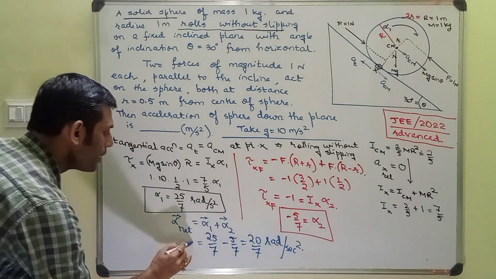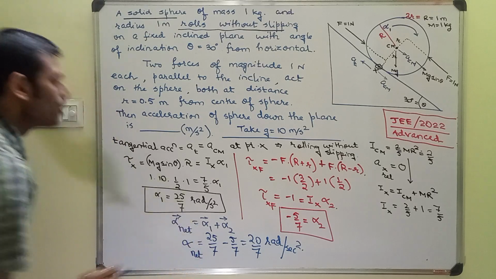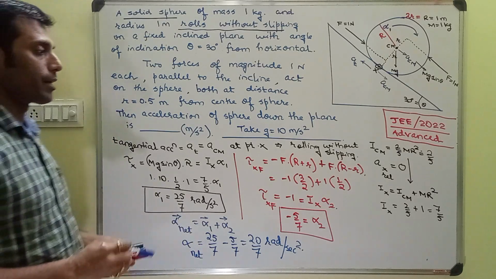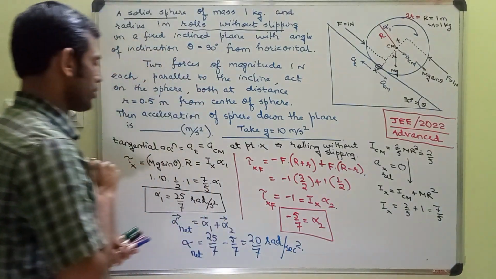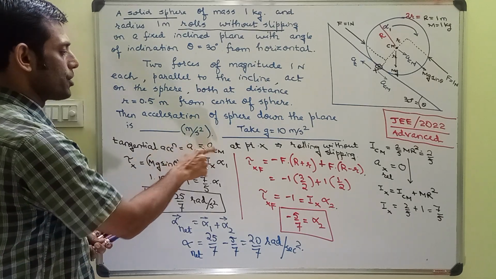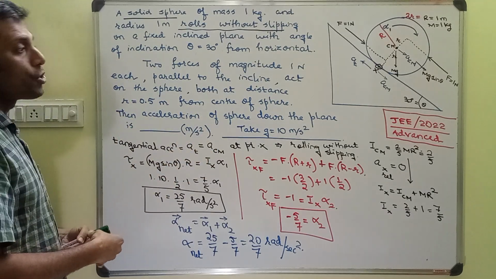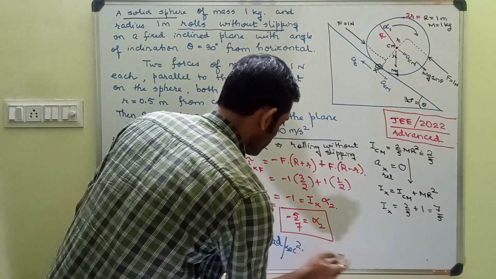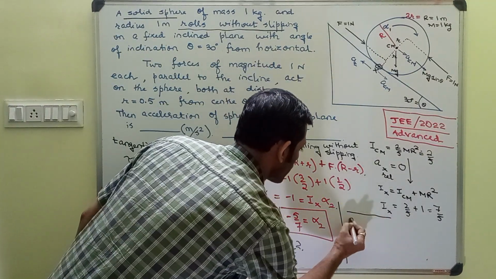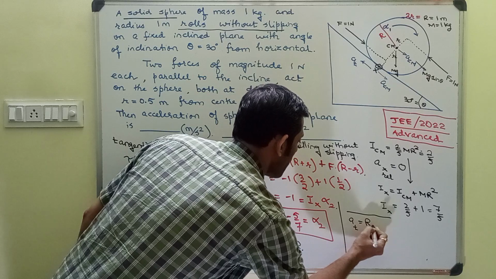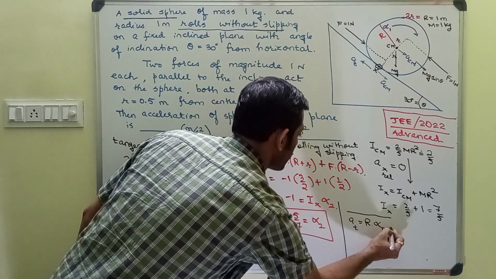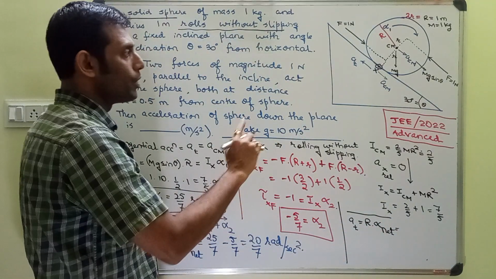This is, however, net angular acceleration, but we require tangential acceleration, because tangential acceleration is equal to center of mass acceleration. So let's say we solve here. AT is equal to capital R into alpha net, and capital R is equal to 1 meter.